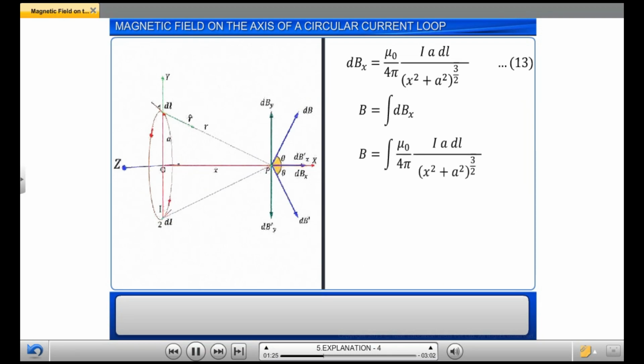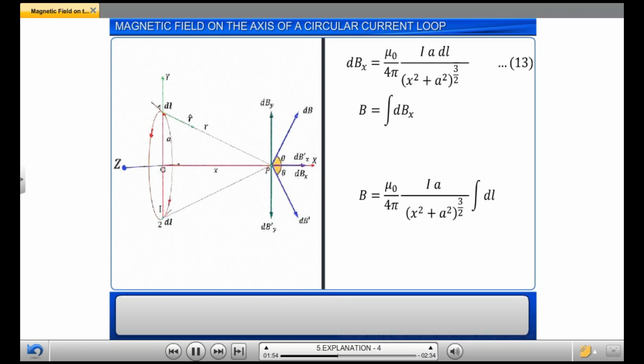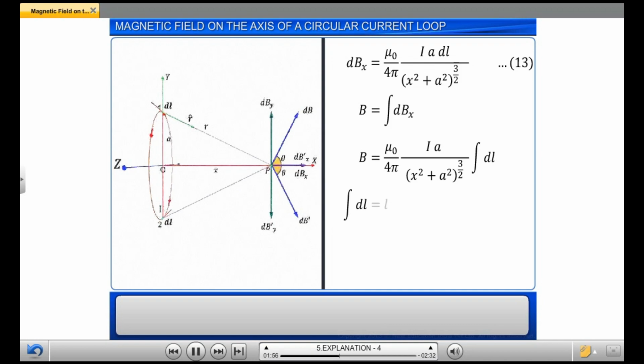Mu naught by 4 pi, the radius of the loop a, current in the loop I, and the distance of the point P from the center of the loop x are the constants. Hence, the equation can be written as B is equal to mu naught by 4 pi into I a by x square plus a square power 3 by 2 into integral dl. Integral dl is equal to L, the perimeter of the current loop, equal to 2 pi a.